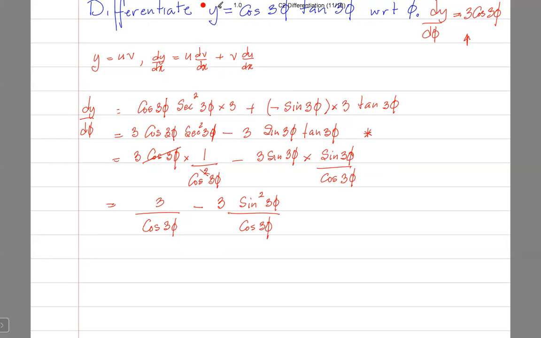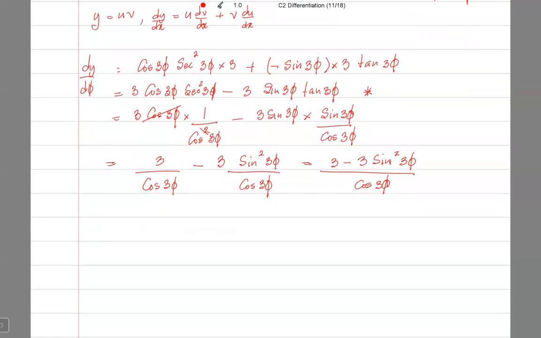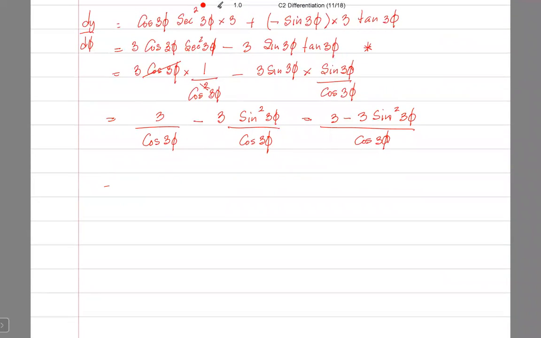Now, if I'm adding fractions and the denominators are the same, I simply add the numerators. So I have 3 minus 3 sine squared 3 phi over cos 3 phi. Up the top, 3 is common, so I'll factor out the 3.